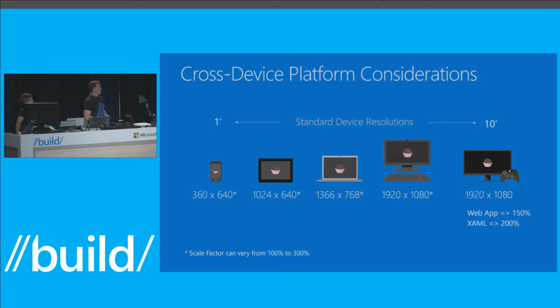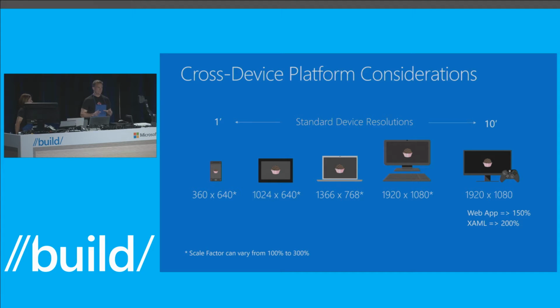And as I mentioned, you always have to think about scaling. My laptop is a high DPI device. By default, Windows set the scale factor to 250%. Now we say the desktop is 150%, but if you're on a high DPI device, it's different.